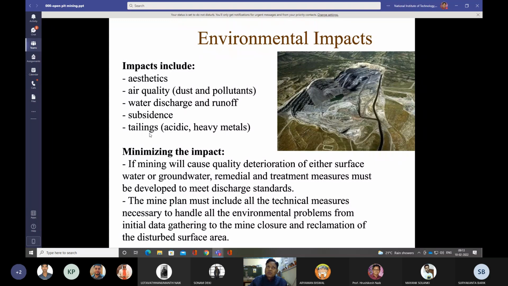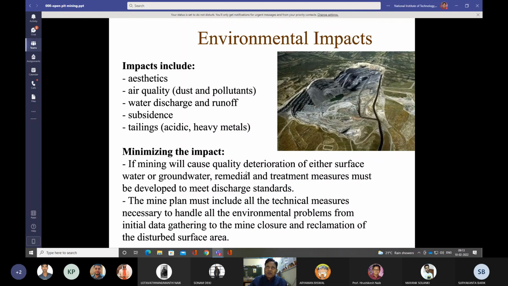After the mineral is washed, screened, beneficiated and processed, you are going to get tailings, gangue particles, waste materials, and these materials may be acidic in nature, or they may contain heavy metals which are very, very harmful to the environment. So these are the environmental impacts you come across with the open pit mining method.